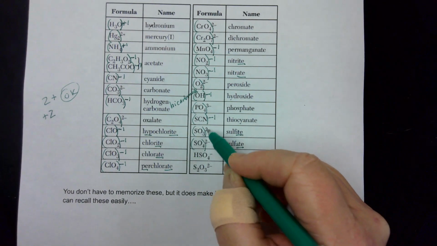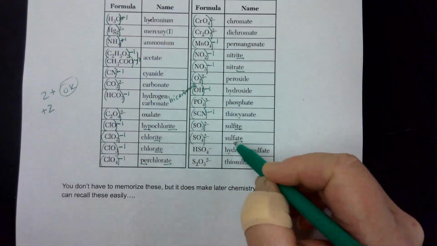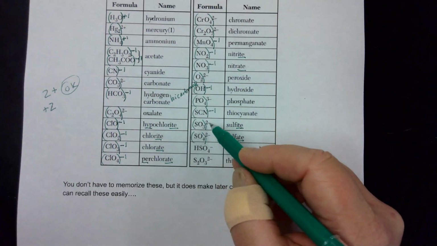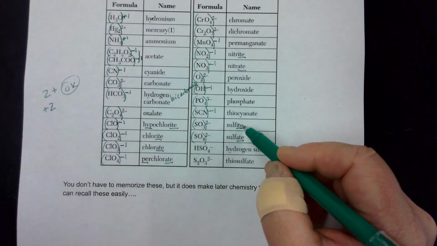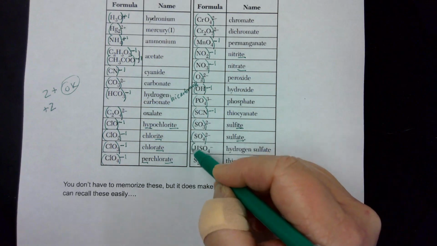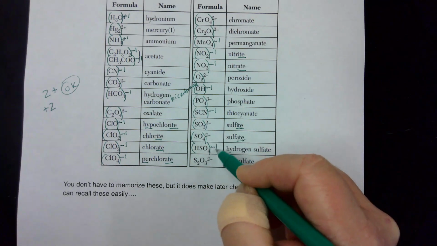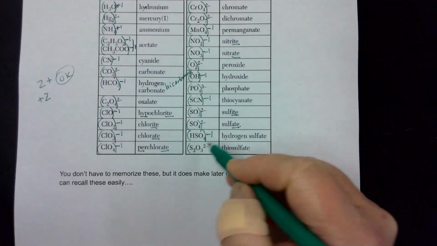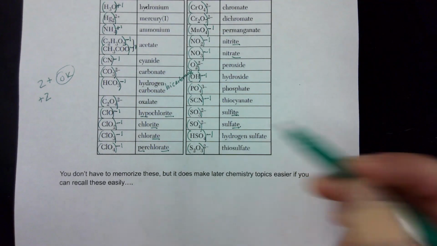Sulfite is SO3 with a -2. Sulfate is SO4 with a -2. So SO3 with a -2, SO4 with a -2 is the difference between sulfite and sulfate. Then there's hydrogen sulfate, HSO4 with a -1. And then there's thiosulfate, S2O3 with a -2 charge.